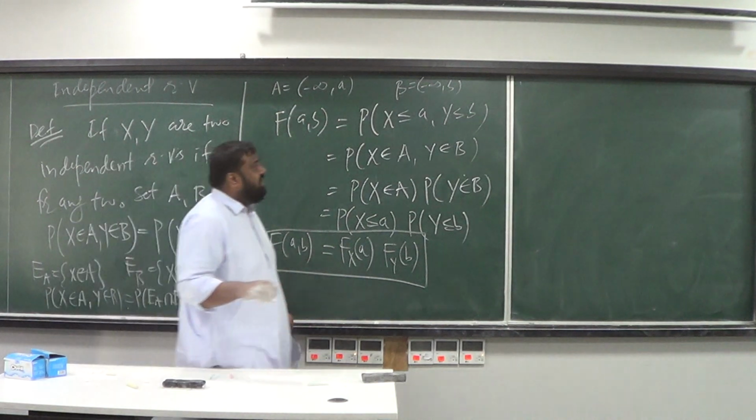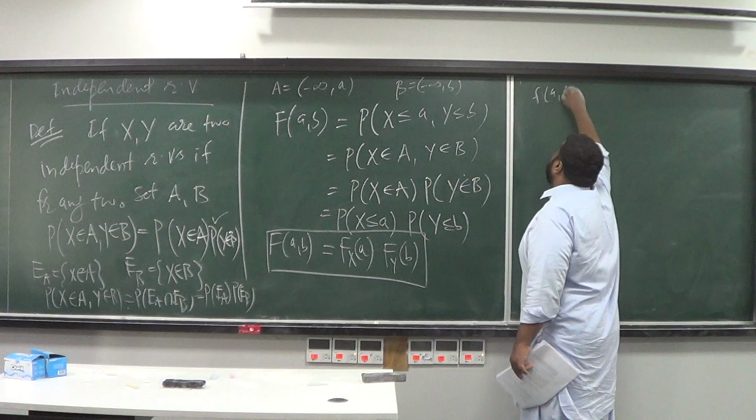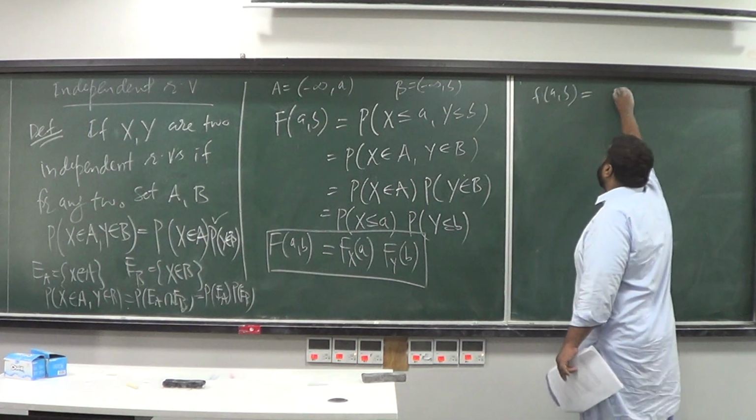But I know that F of A, B, if I want, say for example, the joint PDF, so what can I do?